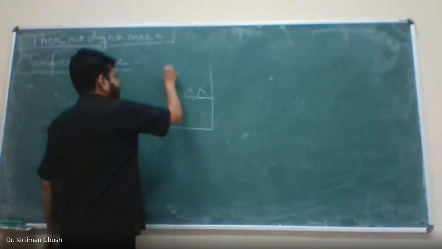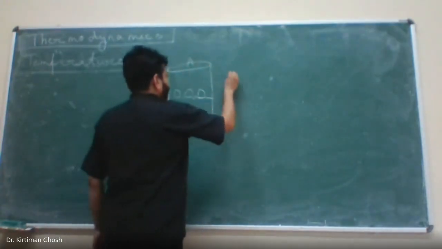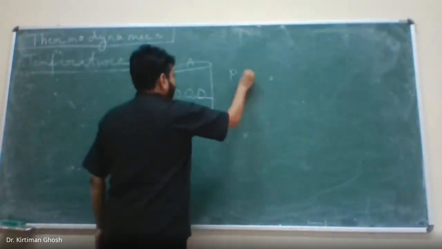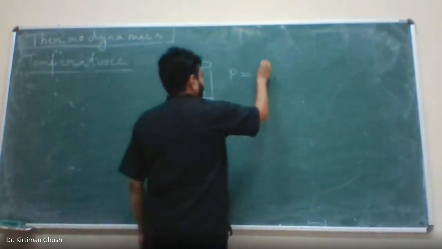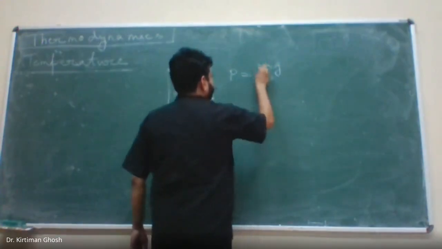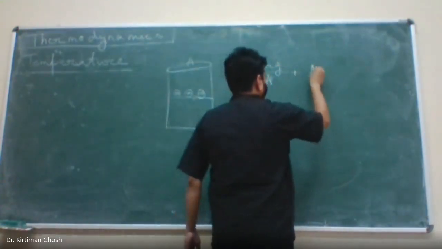Now I know the surface area of this cylinder. So my pressure will be simply, let us assume that each of these balls has weight m, so 3mg divided by area, plus the atmospheric pressure.